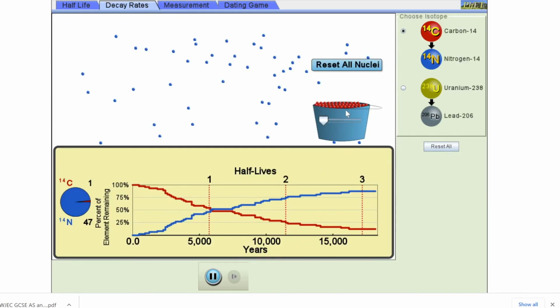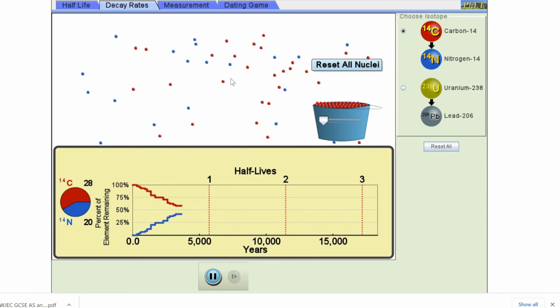If we reset the nuclei, what I want you to do is just keep your eye on these red dots, and they turn blue. Every time a red dot turns blue, that's modelling an atom decaying. So if it's decaying, it's going from a carbon-14 to a nitrogen-14 atom, and as that's happening, you can see the red's coming down and the blue's going up.